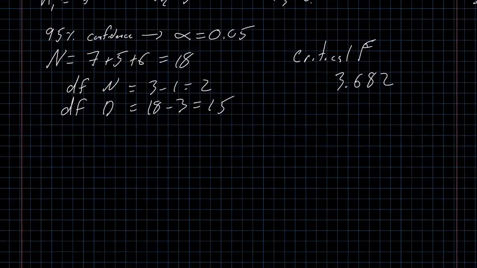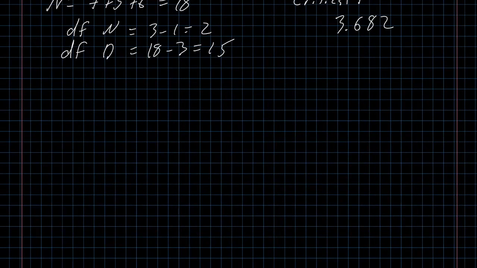I need my grand mean. X bar is the sum of n times little x bar divided by big N. There's only 3 samples in this situation, so instead of trying to set this up in a table, I'm just going to bring it in here. But I could set this up in a table and get my x bar, my n, and my n times x bar as entries.